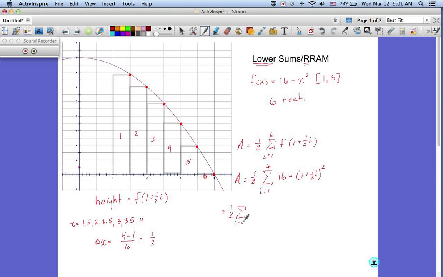Now let's square it, we get 1 plus i plus 1/4 i squared. And simplify from here: 1/2 times the sum, i going from 1 to 6, of 16 minus 1 is 15, minus i, minus 1/4 i squared.